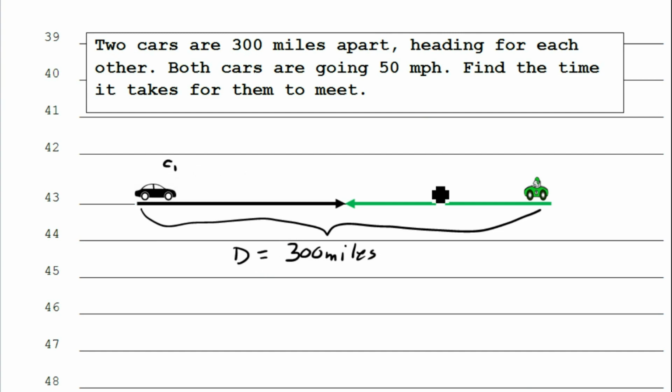This will be car 1, car 2, D1, and D2. What do we know about the cars? V1, D1, T1. Going 50 miles an hour. D1 we don't know. And the time is what we want to find out.